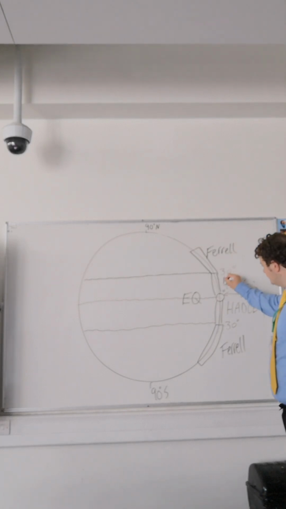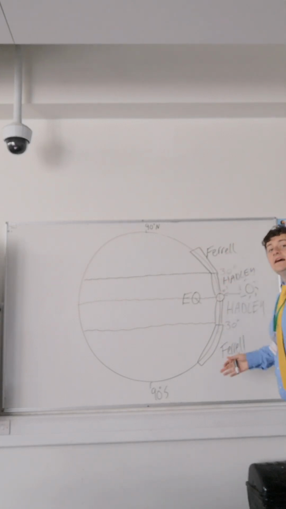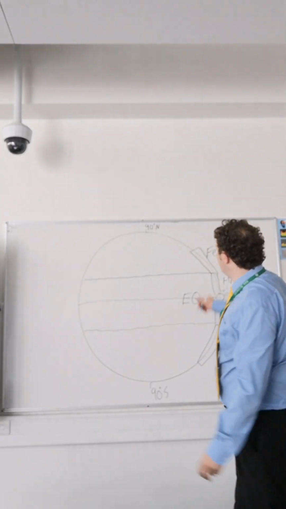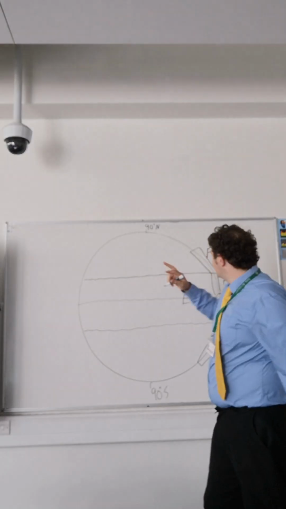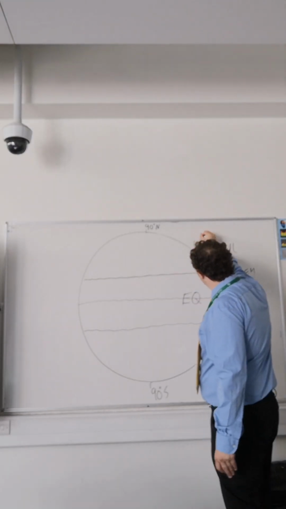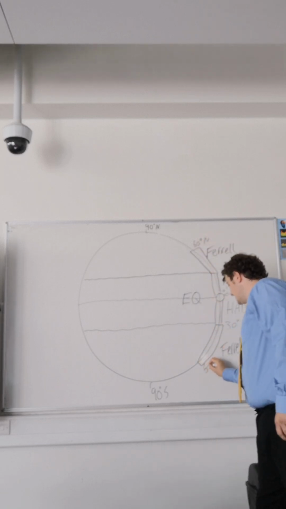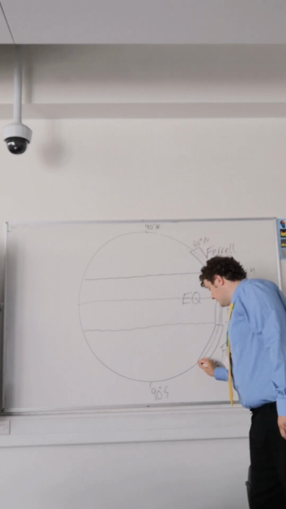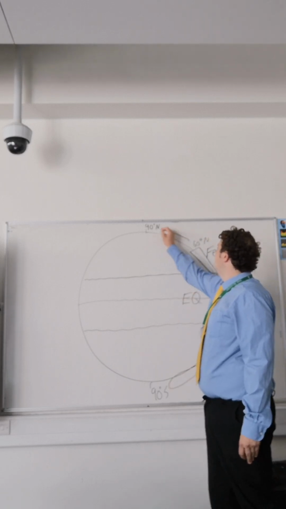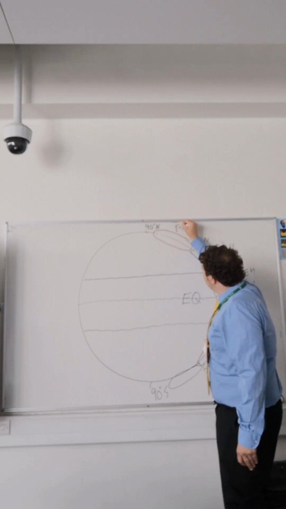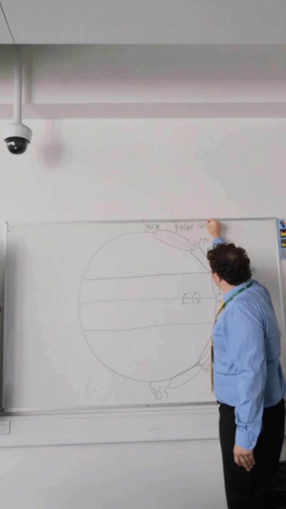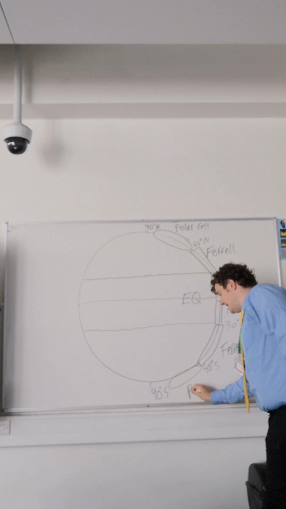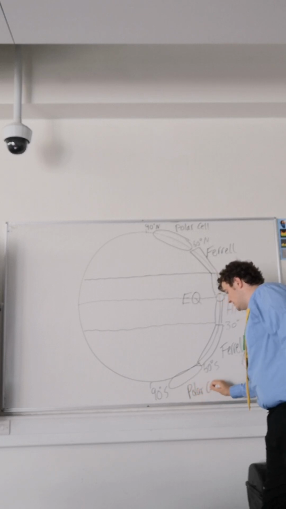Hadley, Ferrel, and the last one, probably the easiest one to remember, 90 to 60. So we're 60 degrees here, north, 60 degrees south. The last one at the top here is the polar cell. Again, down here as well, the polar cell.